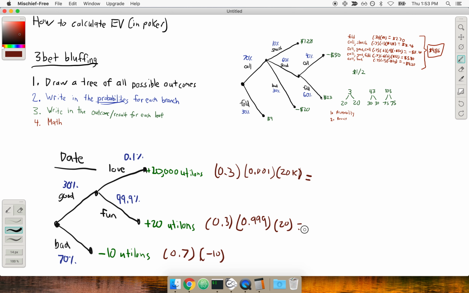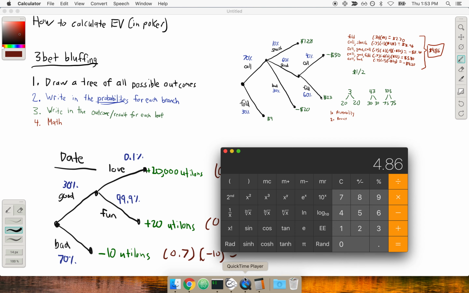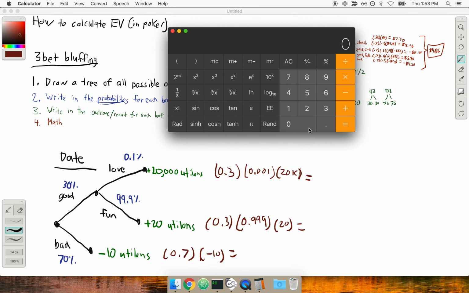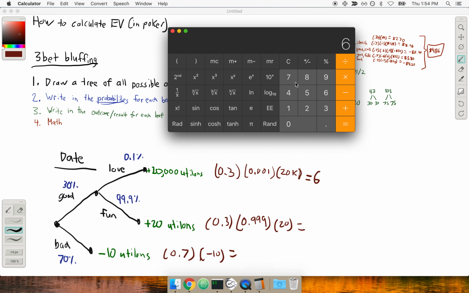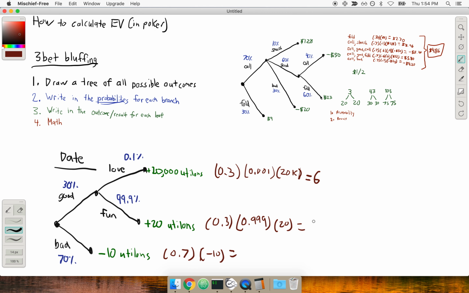So let's see what each of these adds up to. 0.3 times 0.001 times 20,000. So the value of this is 6. So 0.3 times 0.999 times 20, 5.994.